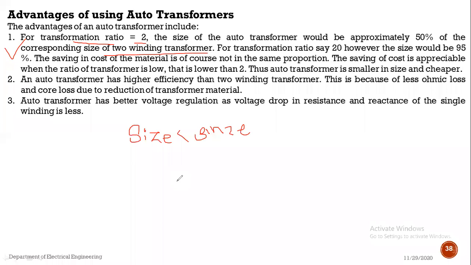So see, if the transformation ratio is equal to 2, that means double that of an ordinary transformer, then also the size of that auto transformer is 50% of the corresponding size of a two winding transformer.